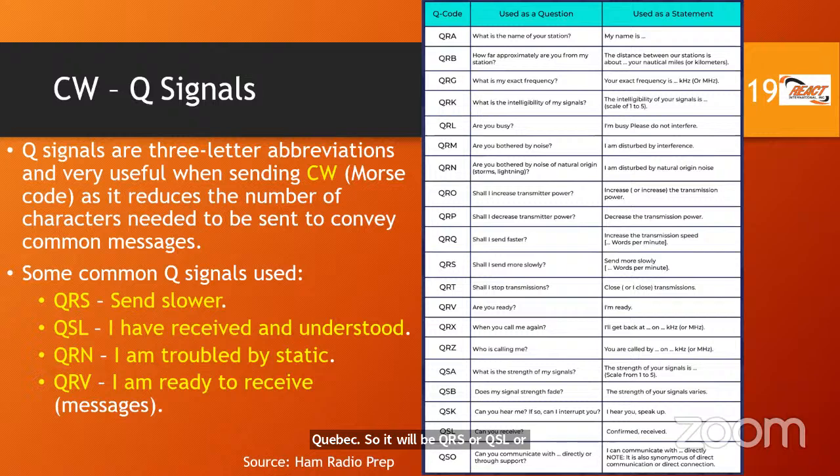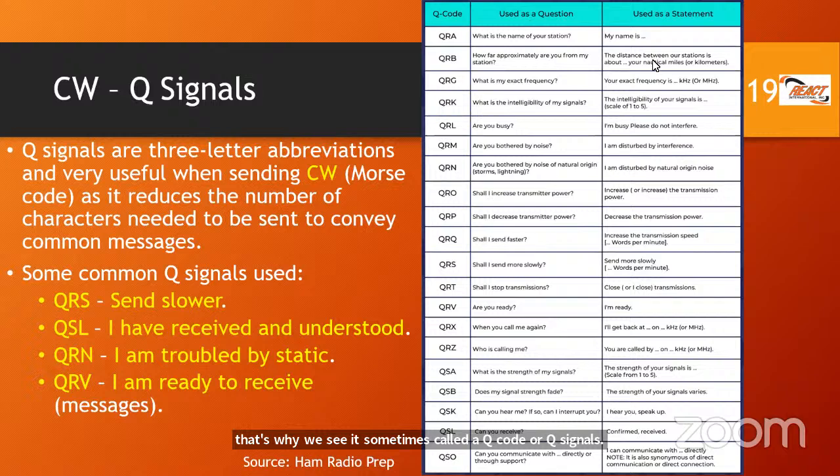Those are short ways. You send it in CW, and we sometimes voice it as well. But in CW, it's really an abbreviation to make what would otherwise be a very long, lengthy transmission. You just send those three letters and their meaning. So that's why we sometimes call it the Q code or Q signals. It's a three-letter abbreviation.